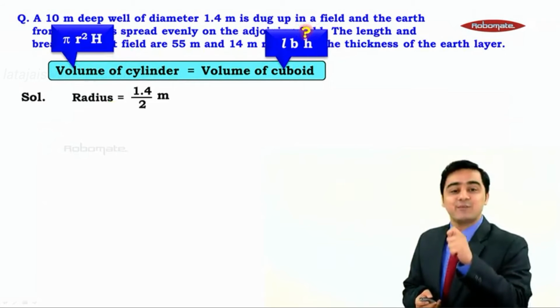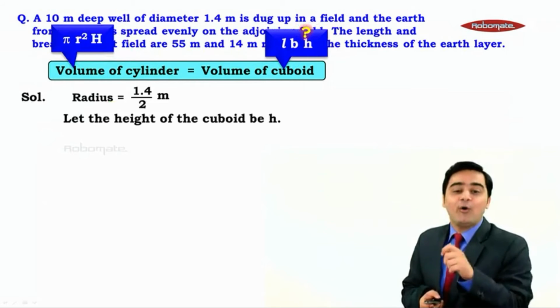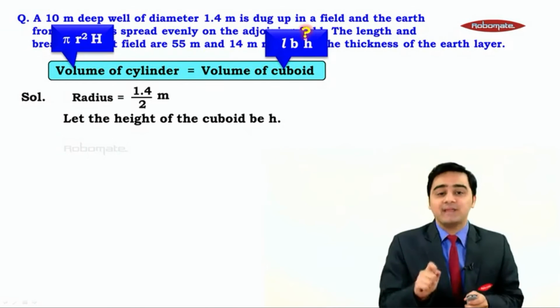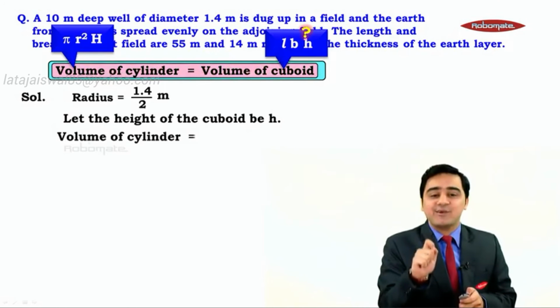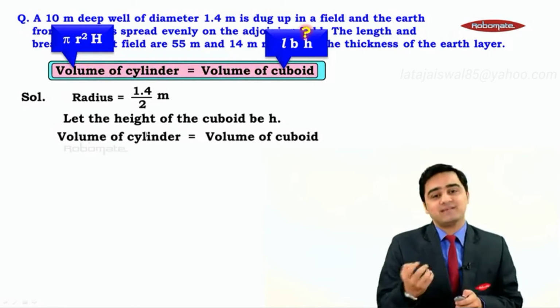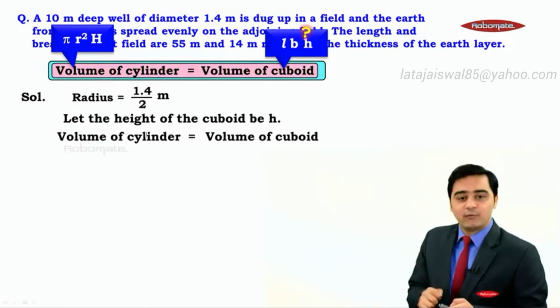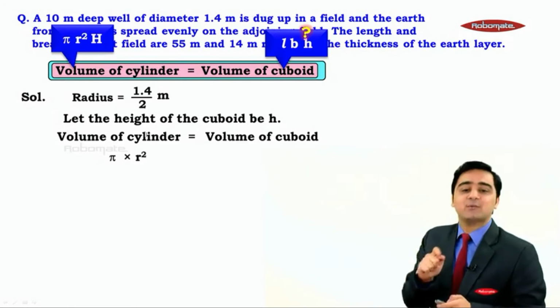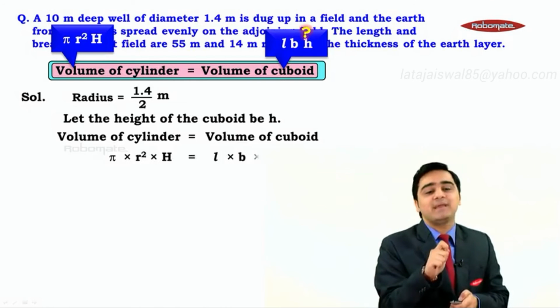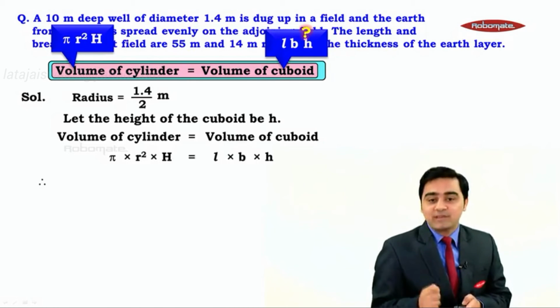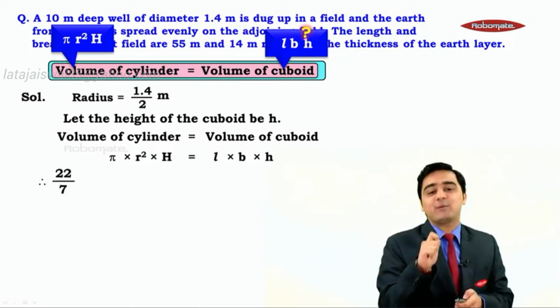Let's start the solution. First we can say let the height of the cuboidal field be h meters. We know that volume of cylinder is equal to volume of cuboid. Let us substitute the values, rather the formula now. Volume of cylinder is pi r square capital H and volume of cuboid is LBH. Let's substitute the values. In place of pi, we can write 22 by 7.